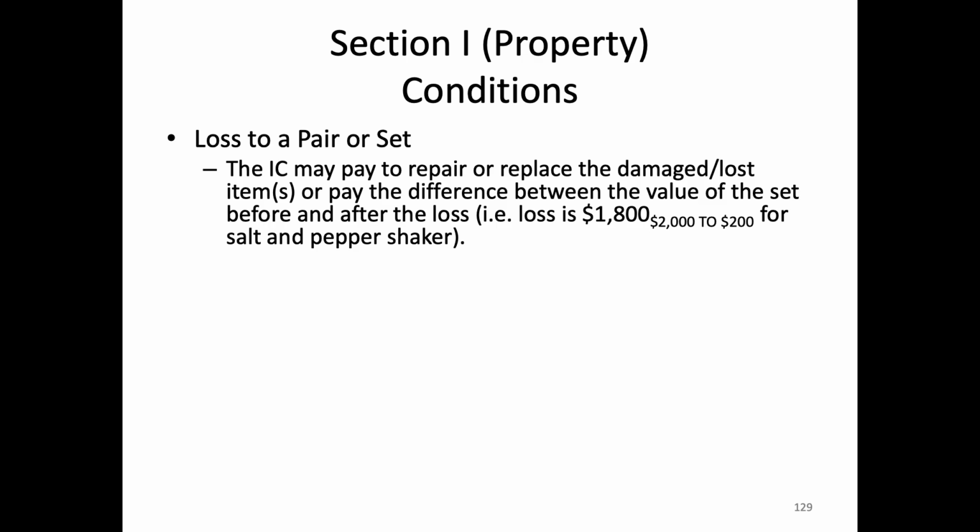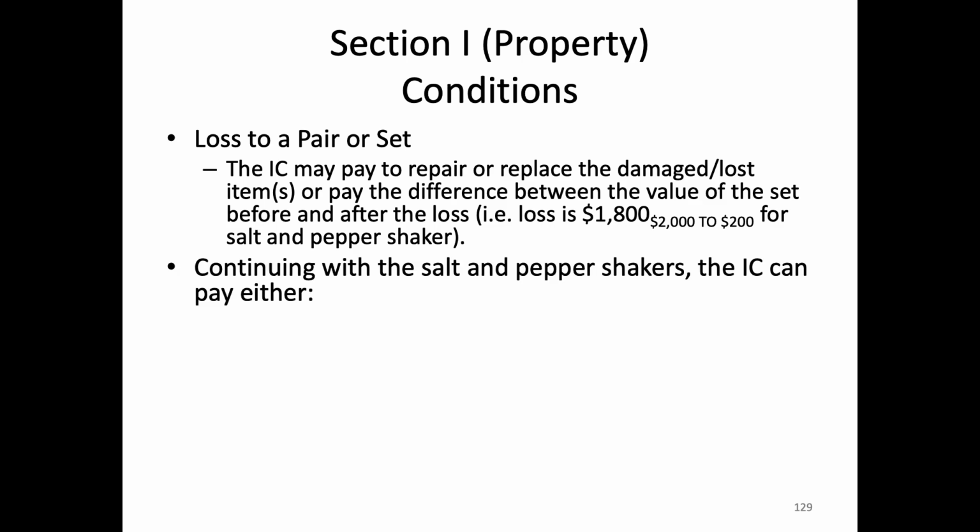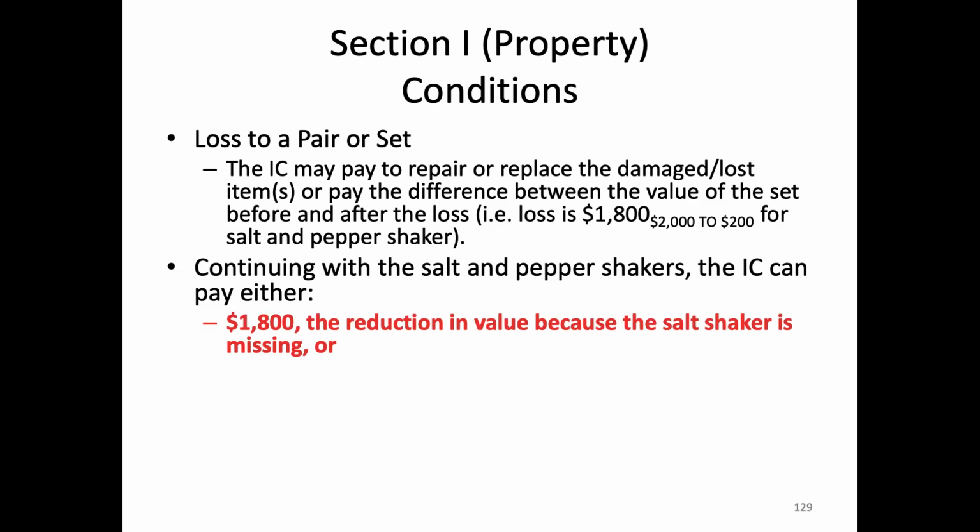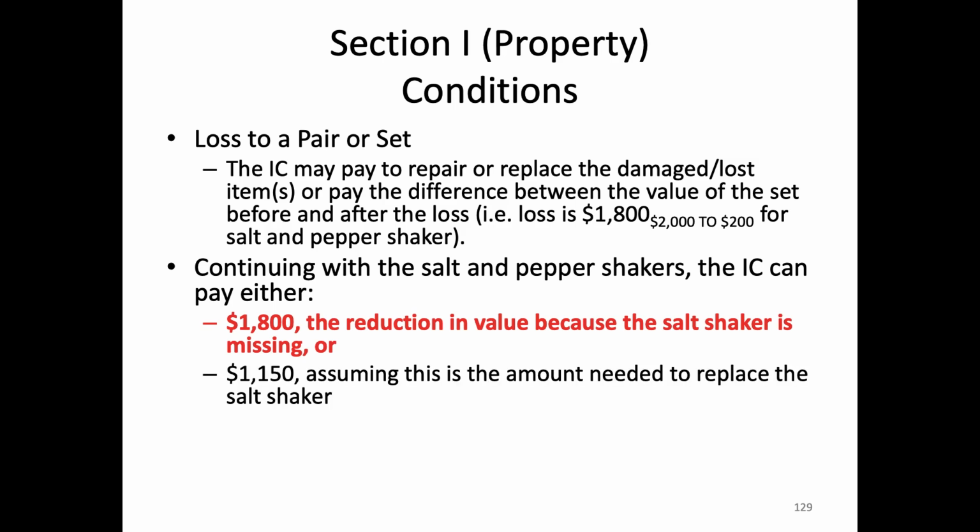Maybe somehow online or however, they could find a salt shaker, and maybe it's only going to sell for like $1,150, and they could do that. So continuing with our example, the insurance company could either pay the reduction in value, or we'll assume for $1,150, the insurance company can find the salt shaker, like on eBay.